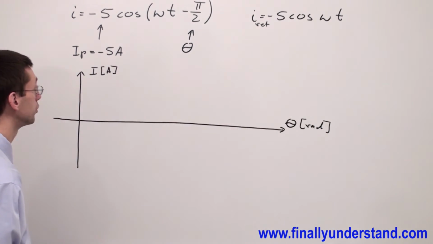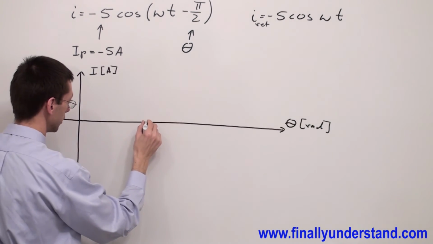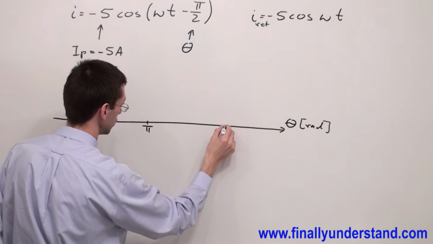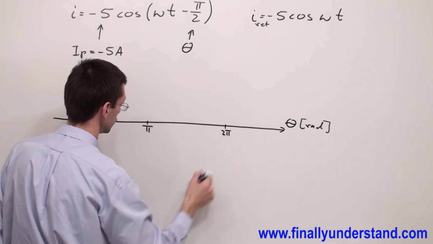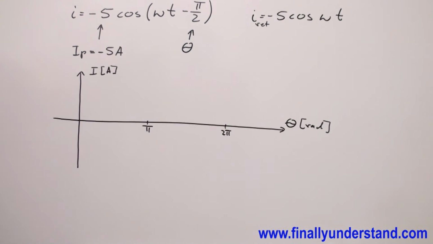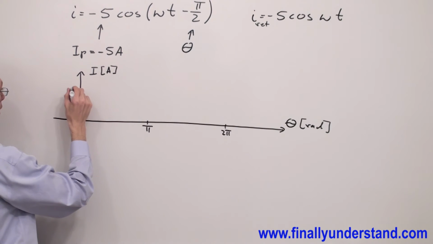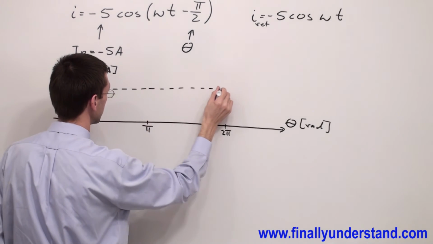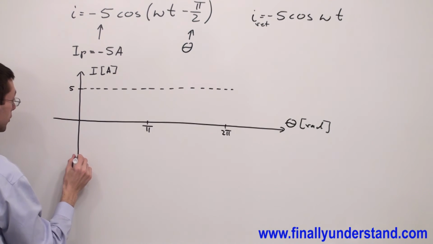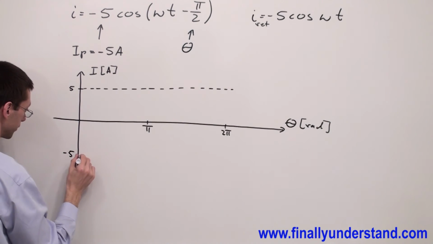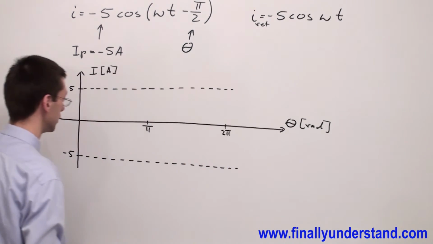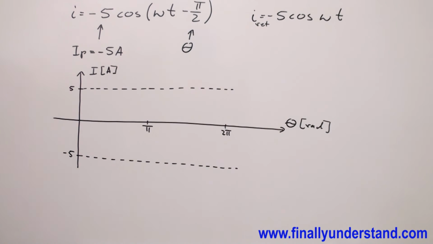Anytime you are going to deal with radians, you have to find pi and 2 pi if you want to draw just one cycle. Next, peak values. I have 5 amps and I have -5. It's always good to draw the dash line in order to make the wave looking symmetrical.